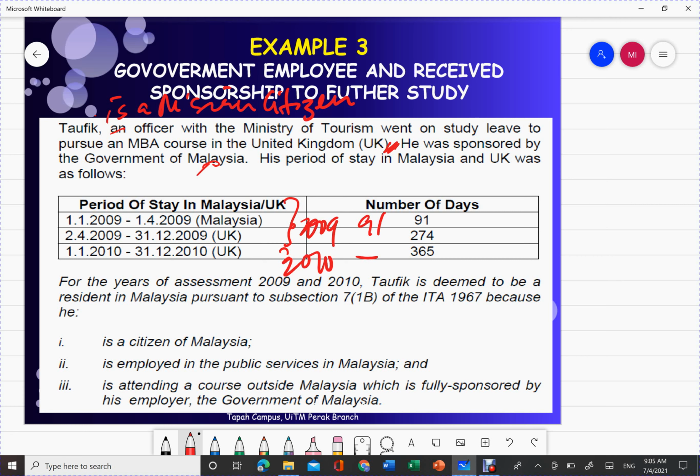So Taufik is a Malaysian citizen. He works in the public services in Malaysia. He furthers his study attending a course outside Malaysia which is fully sponsored by the Malaysian government. In this case, he will be a resident in Malaysia even though the conditions of section 71 A, B, C, D are not fulfilled, but still he can be a resident.